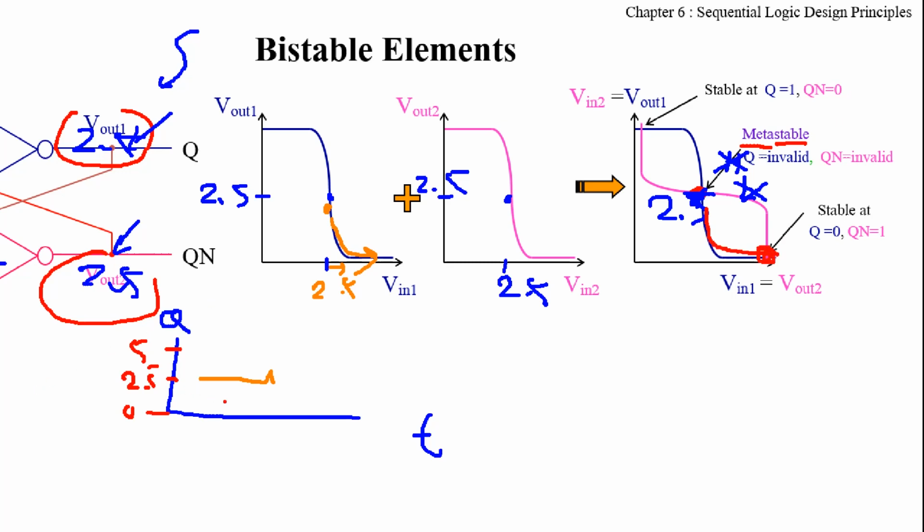But if the noise disturbs and makes this voltage level lower, it will move to be stable at this point. So if the circuit becomes metastable by itself, it's not logic high and not logic low, so it has no meaning, it's invalid.